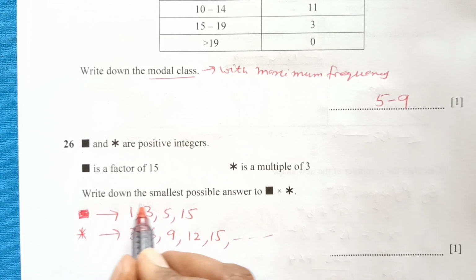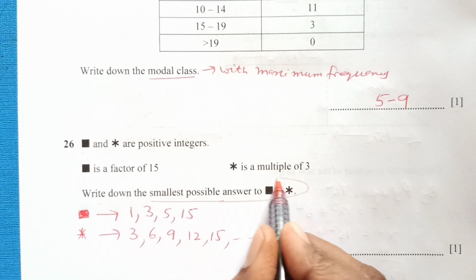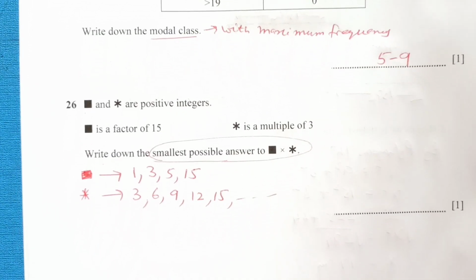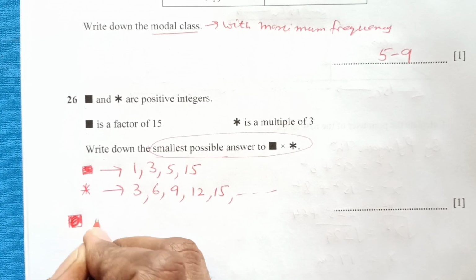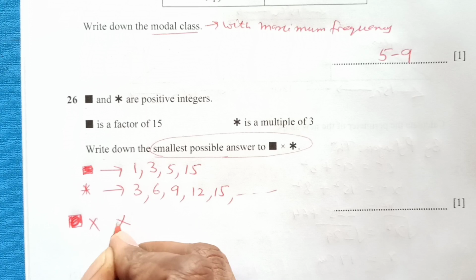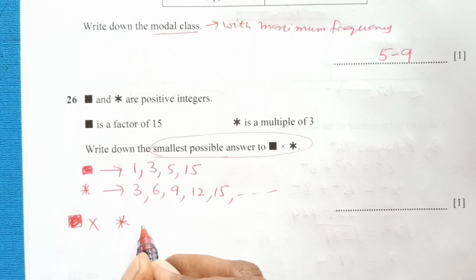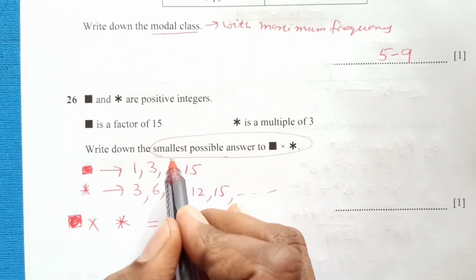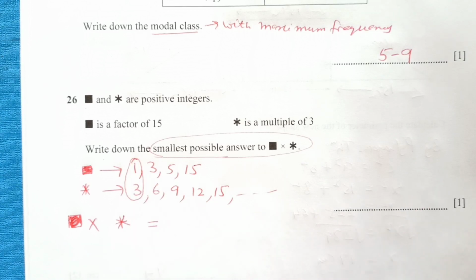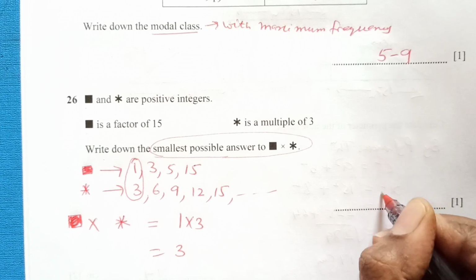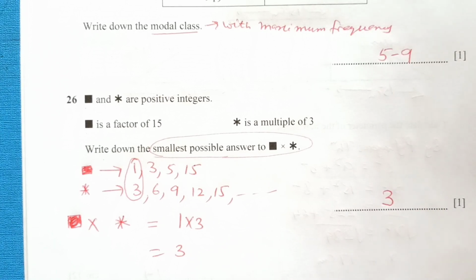The question is to write down the smallest possible answer when you multiply. So we need to multiply the smallest numbers. So 1 times 3, the answer will be 3. That's what we are going to write in our answer column.